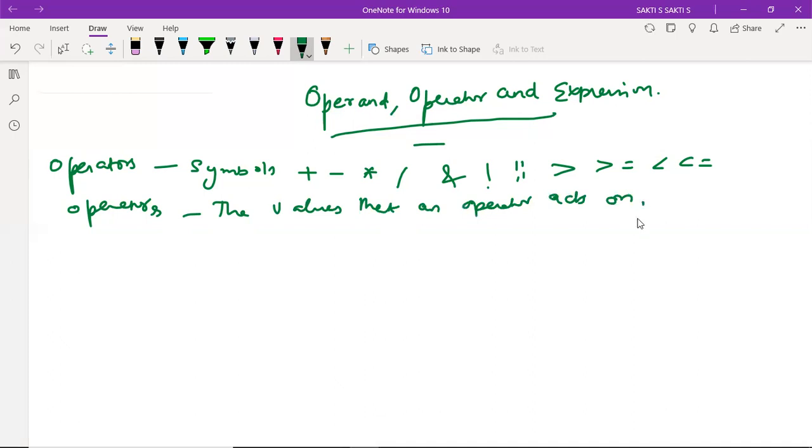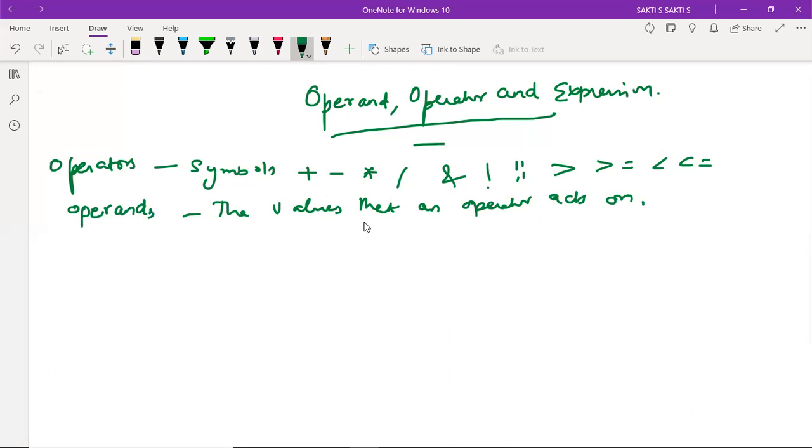Okay. So this I have given as operators, and this one is operand. Operand. So the operands are the values that an operator acts on.